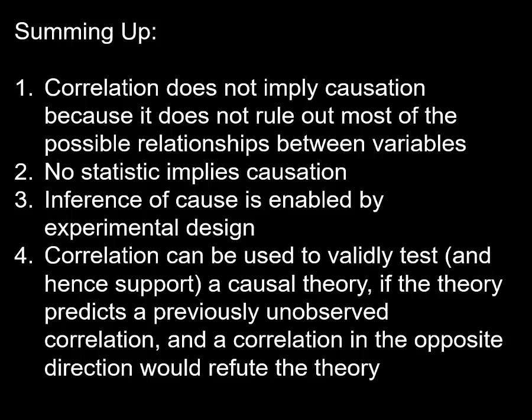But, having said all that, correlation can be used to validly test and hence support a causal theory if the theory predicts a previously unobserved correlation, and a correlation in the opposite direction, which has to be plausible beforehand, would refute the theory if it were observed. So in that case, a correlation can validly support a causal theory, even though the inference of cause itself cannot be supported by the correlation by itself.